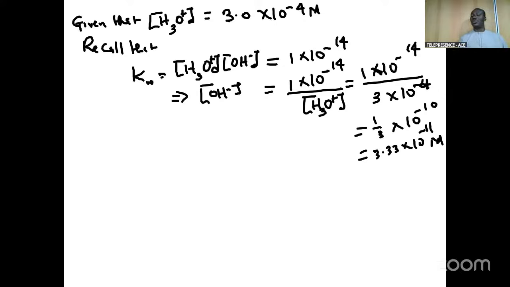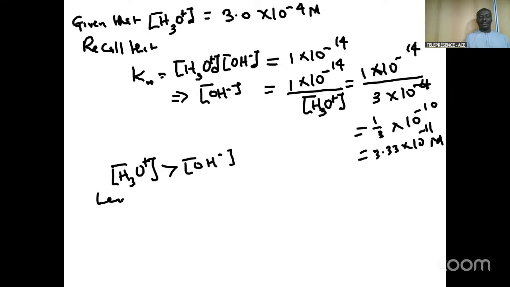Question: is the solution neutral? Is it acidic? Well, to be sure, is the hydronium ion greater than the hydroxide ion, or is the hydroxide ion greater than the hydronium ion? Since the hydronium ion is 3 times 10 to the power minus 4, and the hydroxide ion is 3.33 times 10 to the power minus 11, we can say, therefore, in this solution, the concentration of hydronium ion is greater than the concentration of hydroxide ion.